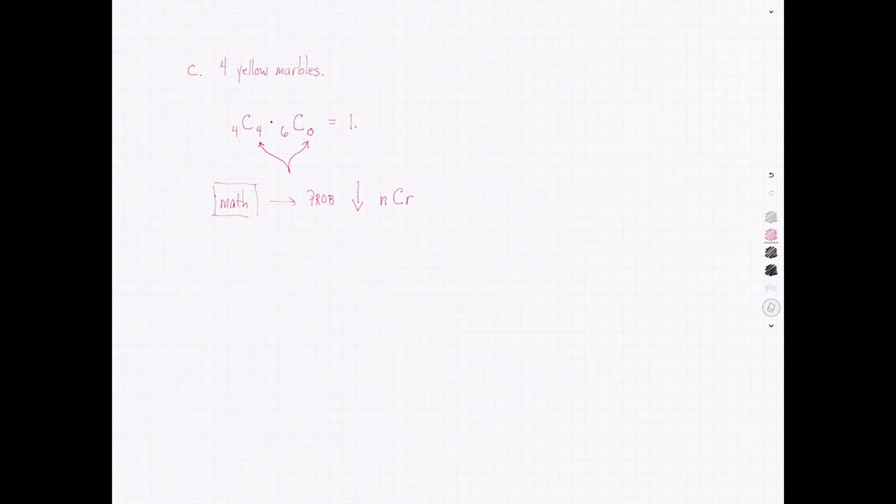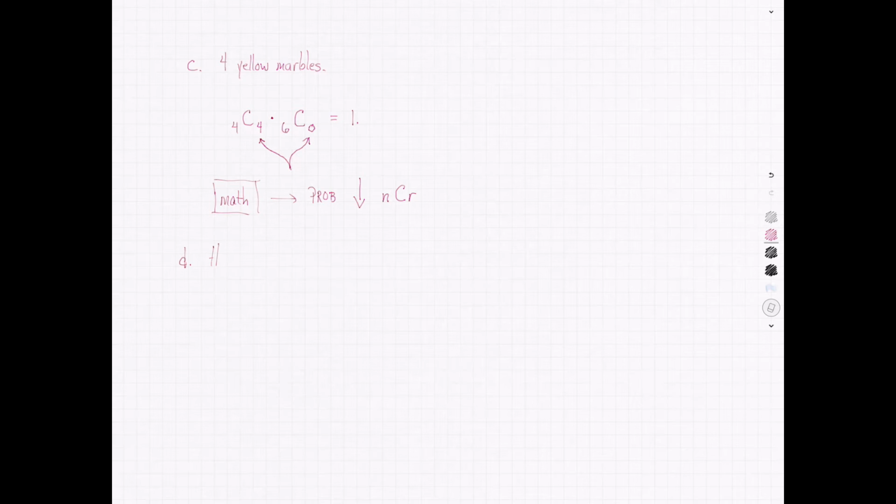So the last part to try is this, part D. And part D says, how many ways to draw at least 2 yellow?